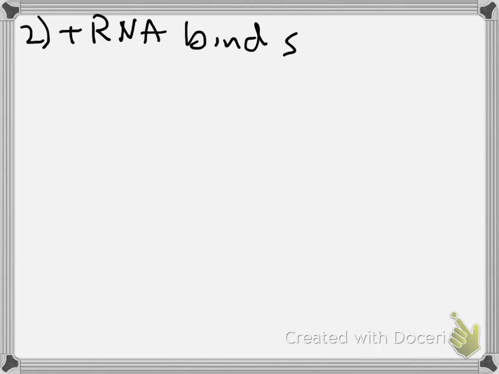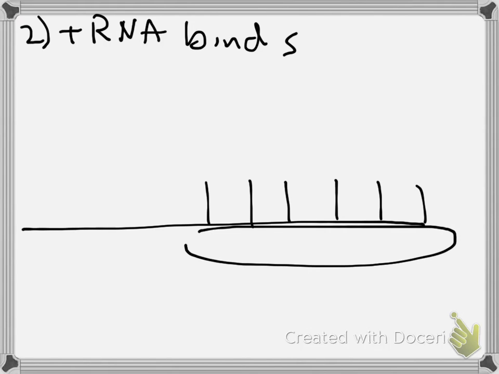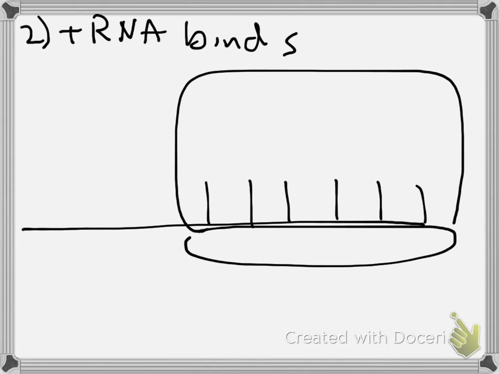Now for step 2. This is the step in which the tRNA binds. So again, we're going to draw the same picture. We've got mRNA here, which we're simplifying slightly by making it nice and straight. We've got the small ribosomal subunit. We've got the large ribosomal subunit here.